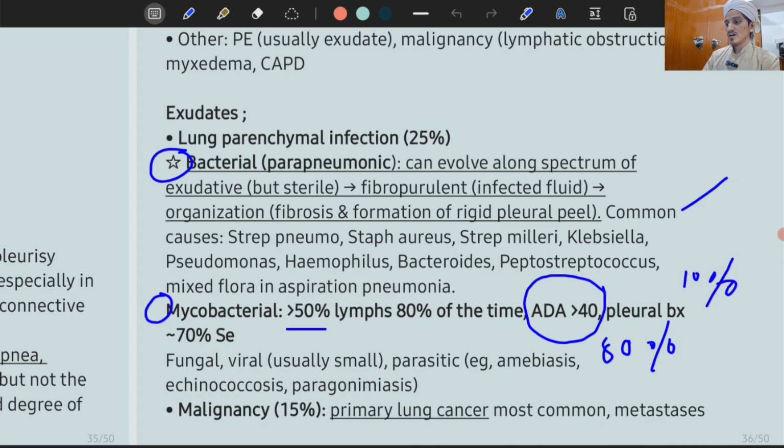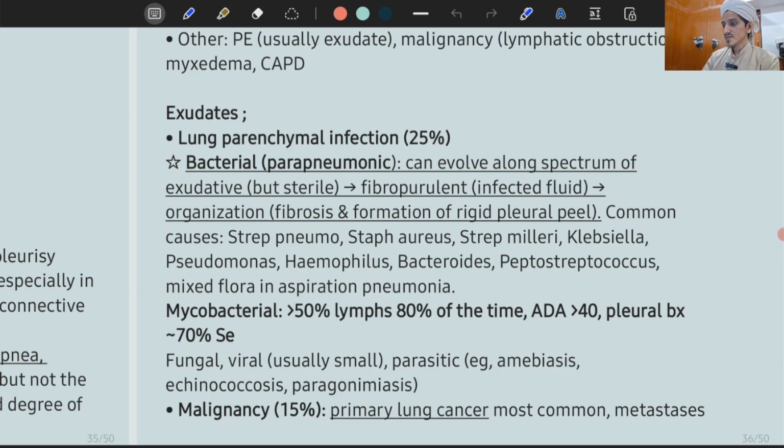So the most sensitive tests for tuberculosis to confirm that the effusion is due to that are ADA and pleural biopsy. More sensitive than ADA, most sensitive is pleural biopsy. Okay, so these are the important infective causes of pleural effusion.